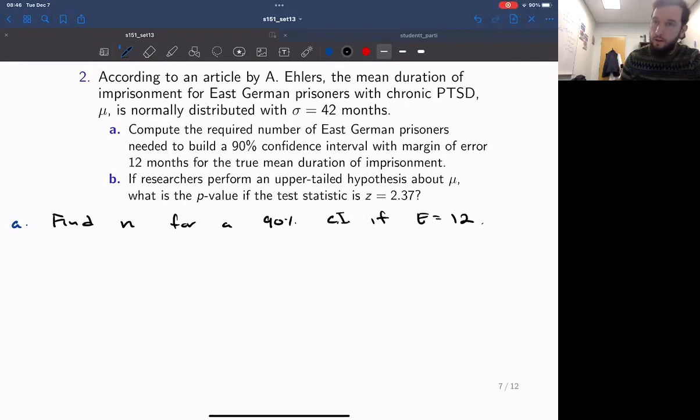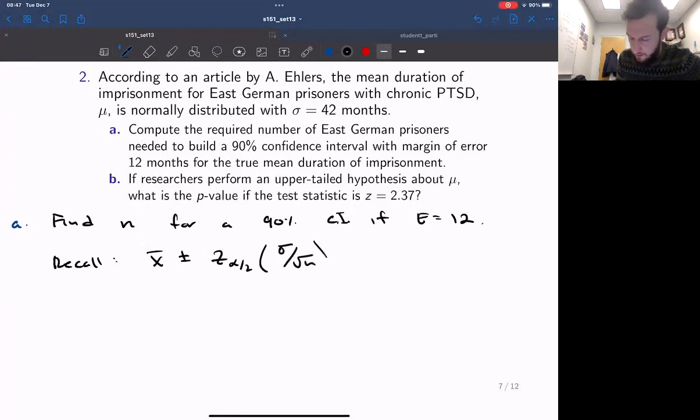Okay, so to do this, first, recall that a confidence interval for one sample when sigma is known is X bar plus or minus Z alpha over 2 times sigma over the square root of N. Okay.